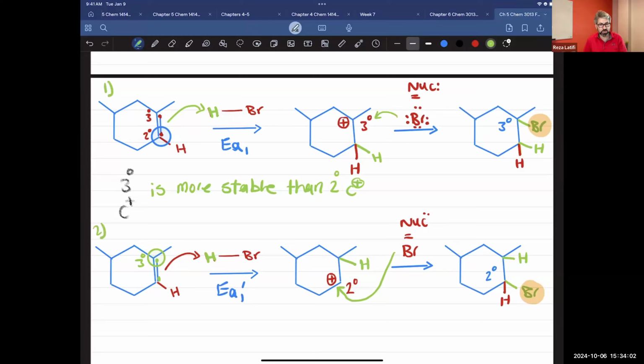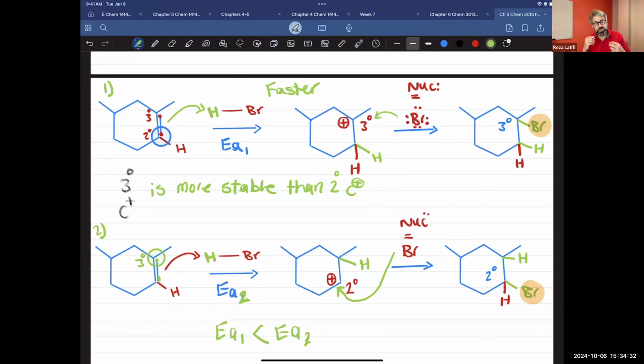Intermediate for the first reaction is more stable. I'm going to say the activation energy for the first reaction is going to be less than the activation energy of the second reaction. In that case, that means the first reaction is going to be faster. So this reaction will be faster.